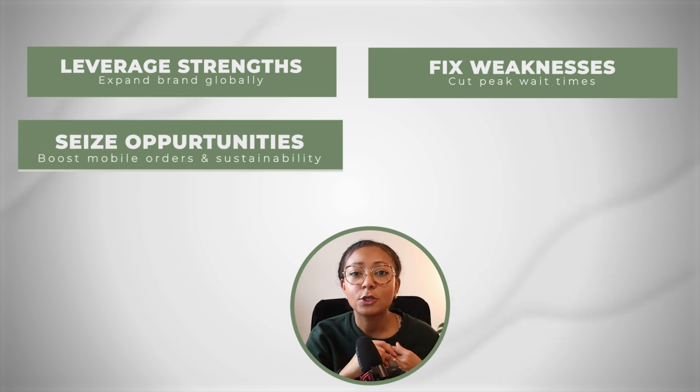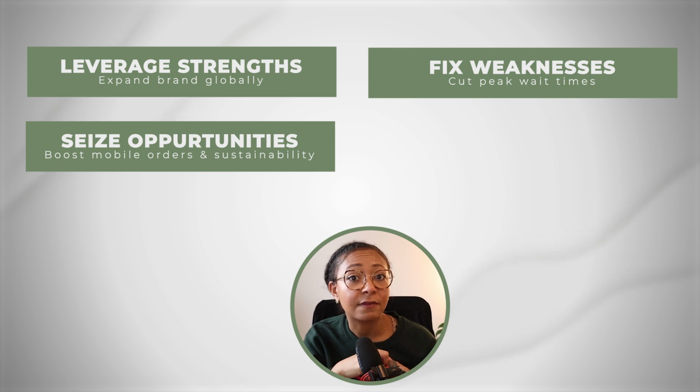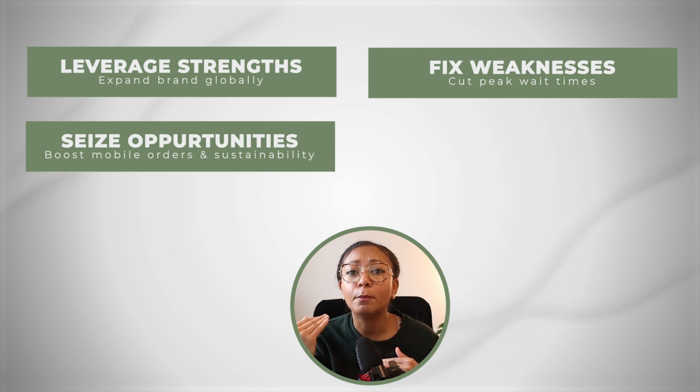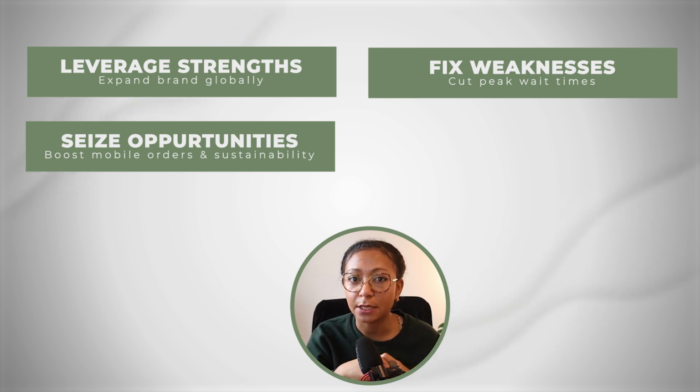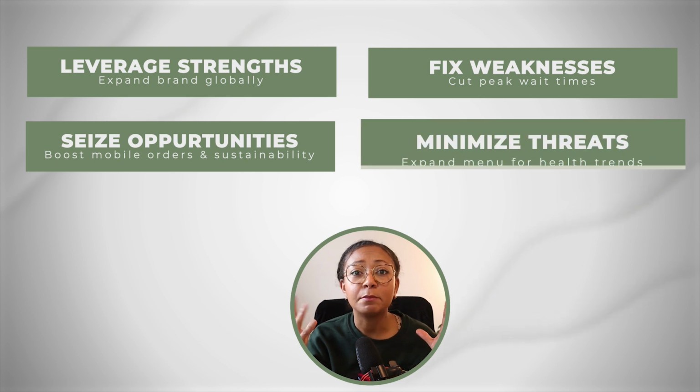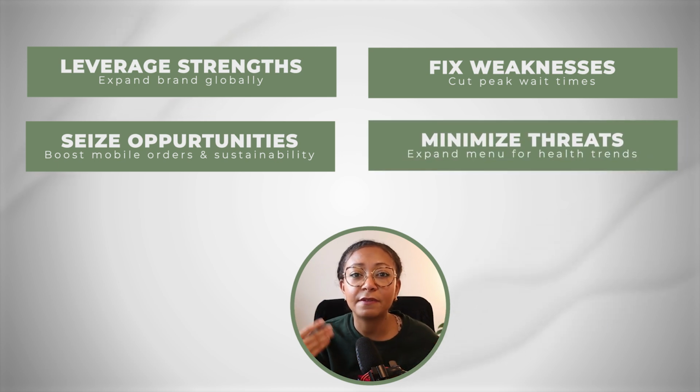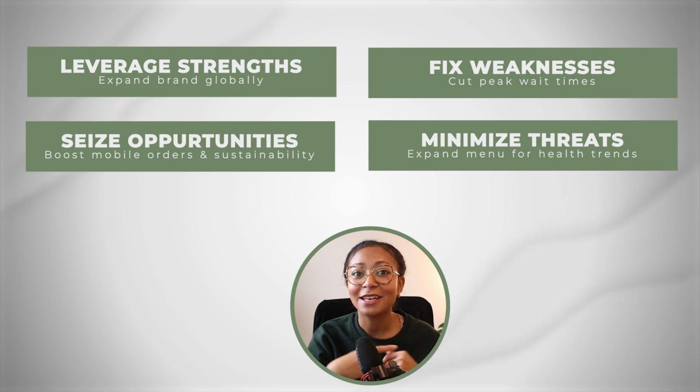They can take advantage of the opportunities that we've identified by focusing more on mobile ordering and sustainability. And finally, they can minimize the threats by diversifying their menu options to keep up with health trends, right? So this is how businesses use SWOT analysis to make strategic decisions. And that's how you conduct a SWOT analysis like a pro.